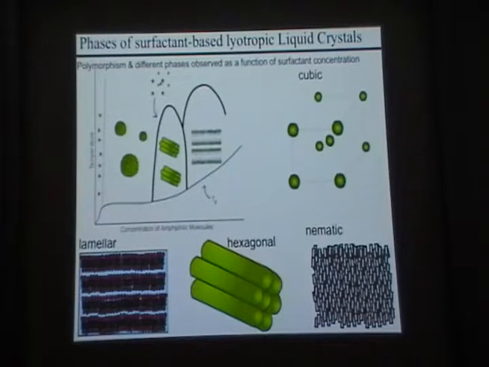And if you have a surfactant, then as a function of concentration, you can observe all of those phases, right? Because at very low concentrations of surfactant in water, you would observe some small number of micelles that form above some critical micelle concentration.